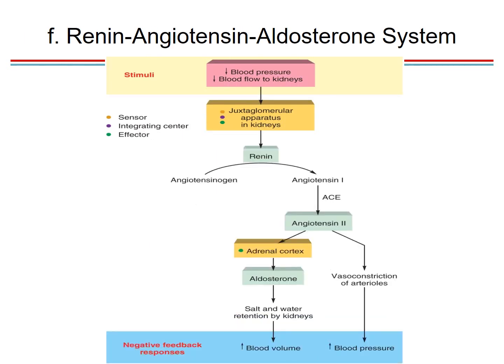Another system that is involved in blood volume with the kidneys is the renin-angiotensin-aldosterone system. So this is detected when we have low blood pressure and low blood flow to the kidneys. So the cells within the juxtaglomerular apparatus are going to secrete the enzyme renin, okay?